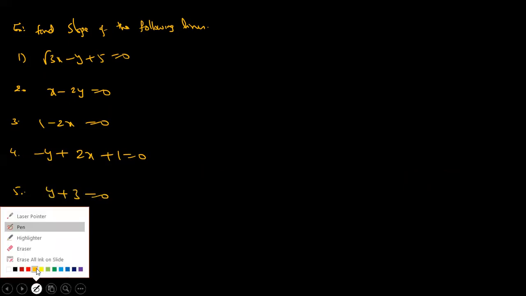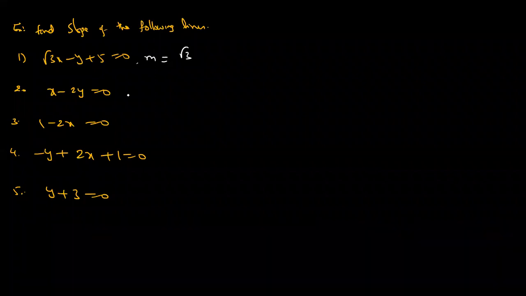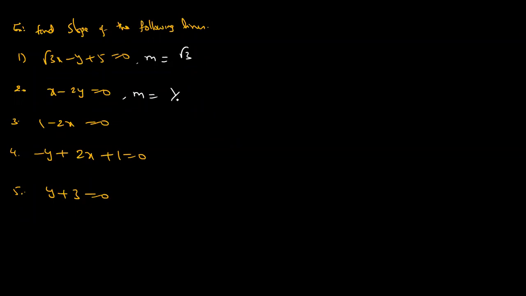Anyone? What is the first one's answer? What is the slope of the line? Root 3. See carefully, minus a by b. What is the slope of this line? 1 by 2. How to find this? x is equal to 1 by 2 means parallel to the y-axis, so the slope is infinity.